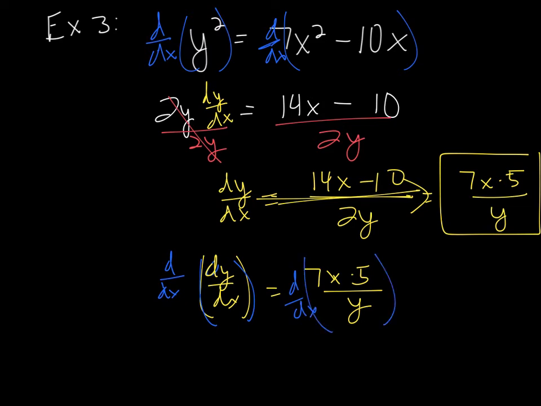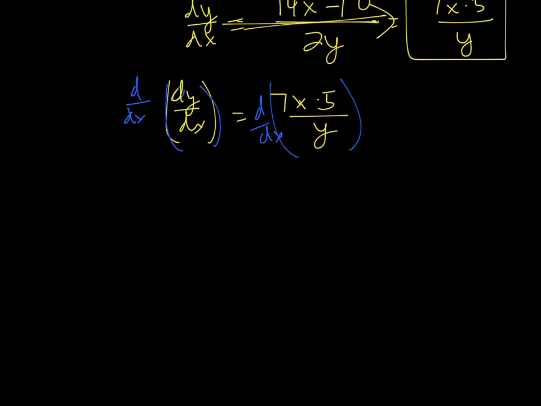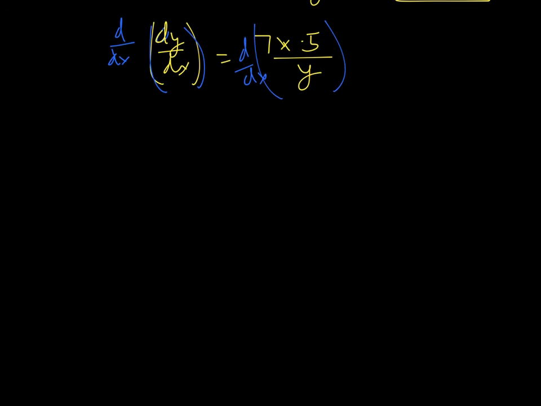So I've rewritten my first derivative, and I'm taking the derivative of both sides. Similar to the last one, we should be recognizing that we have a quotient rule there. So we're going to have to apply our quotient rule. No big deal. So we're going to have second derivative, d2y over dx squared, equal to quotient rule.